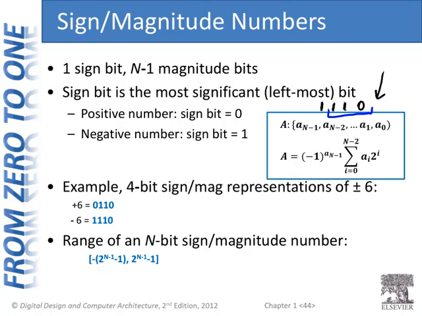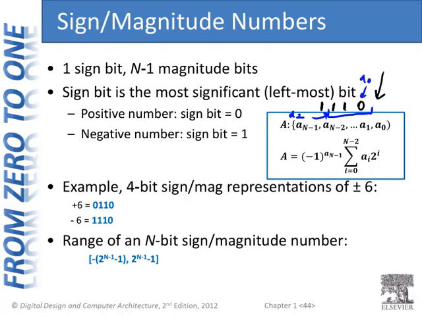A sub 0 to a sub n minus 2, in this case a sub 0 to a sub 4 minus 2, a sub 2. Just going to add those together. So a sub 0 times 2 to 0, plus a sub 1 times 2 to the 1, plus a sub 2 times 2 to the 2.